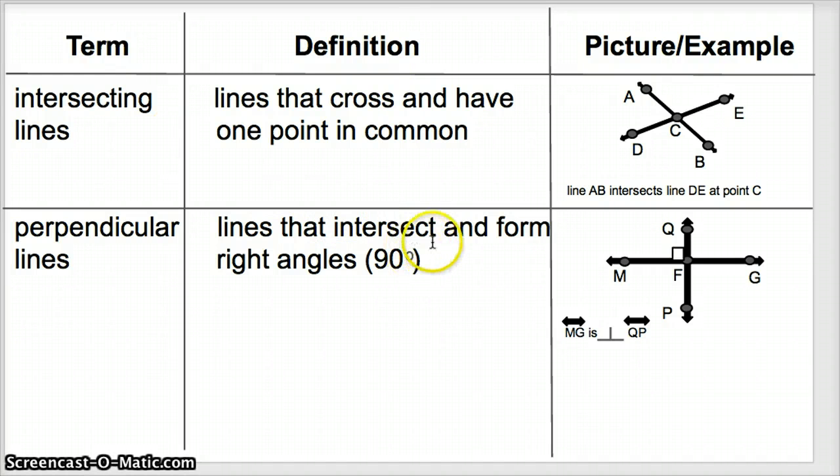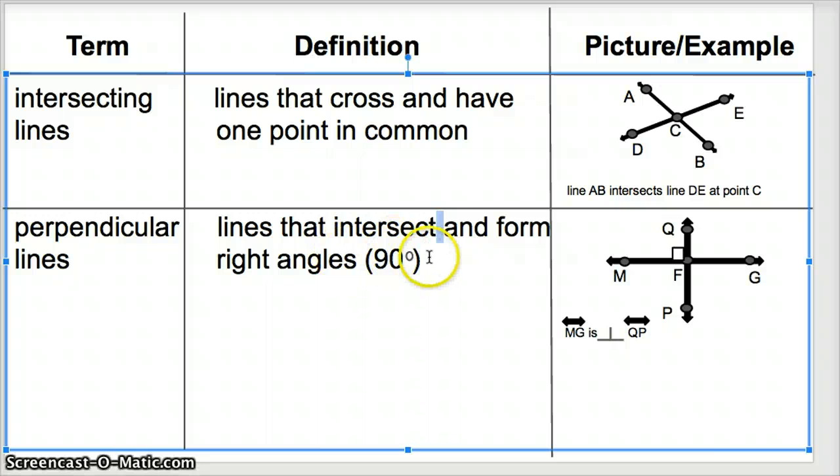Let's see here. We should add something to this. They don't necessarily have to intersect, they could just be touching. So I could get rid of this FP here, and it would still be lines that are perpendicular.